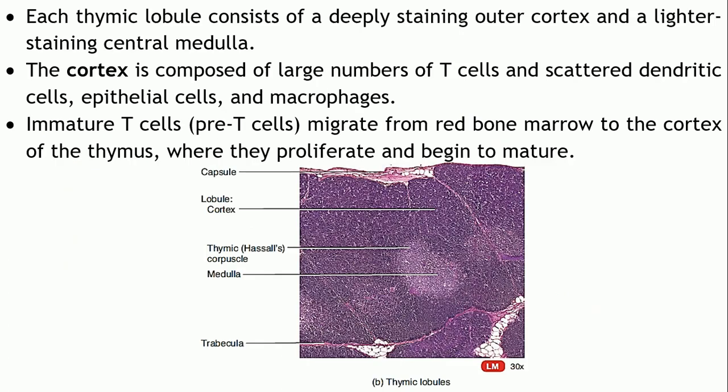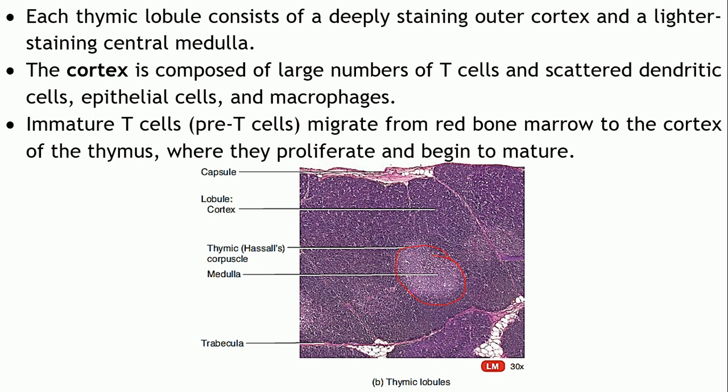Now within each lobule, there are two distinctive areas. That is one lobule, as you can see. The outer portion is deeply stained, and the middle portion is lightly stained.